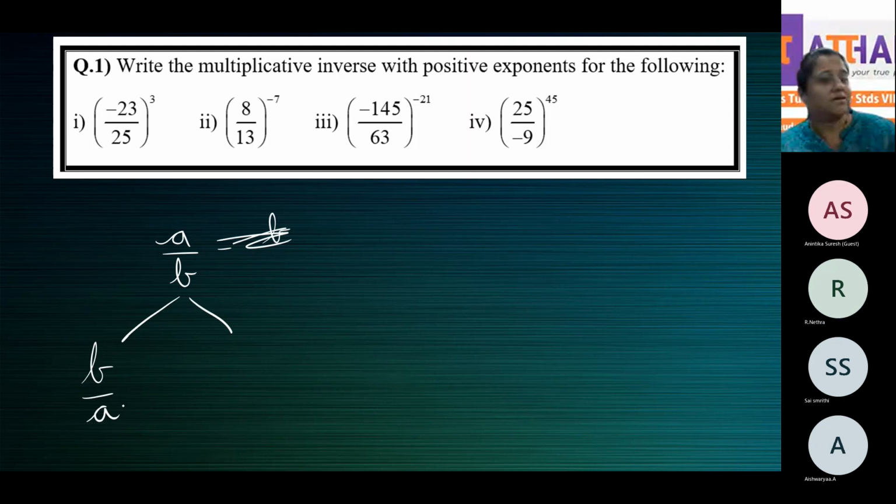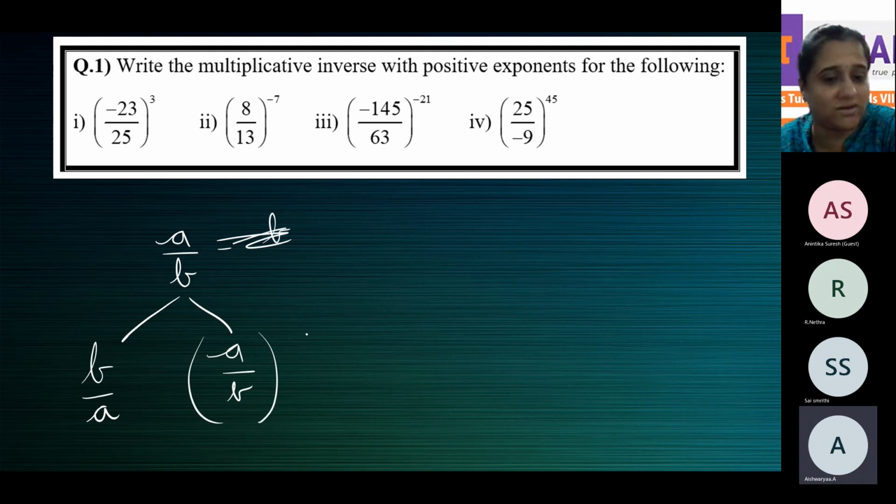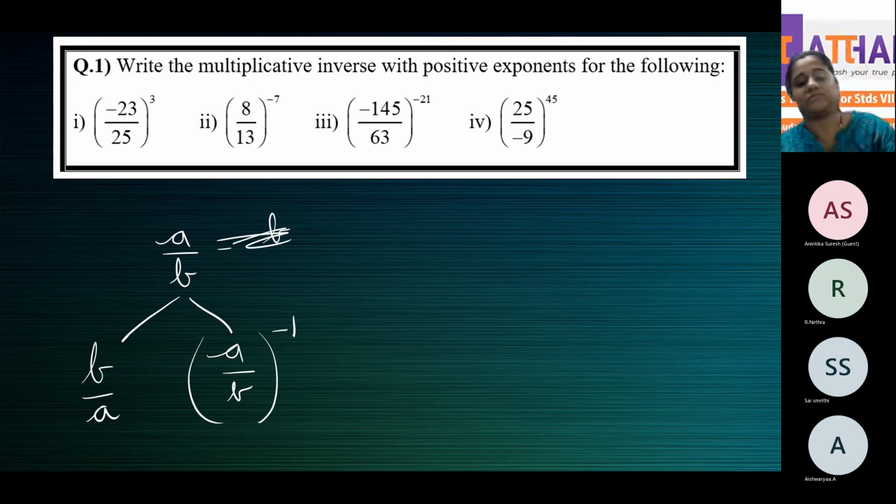No, simply B by A, because you should not change the power. When you're writing the reciprocal, change any one. A by B, make it B by A. The power 1 will be 1 only. Or write A by B as A by B itself, but write the negative of the power. 1 will become minus 1.